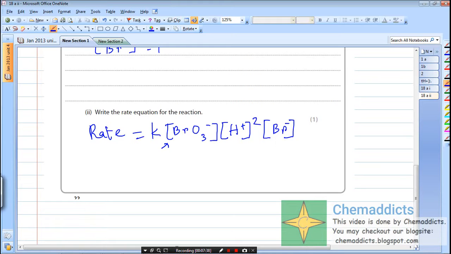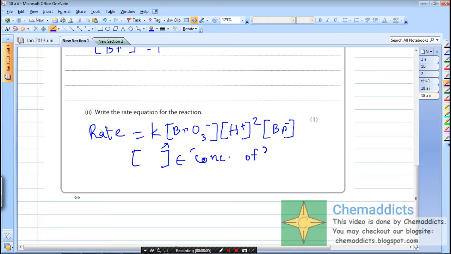So we should always state this in square brackets. This bracket simply means the concentration of. It has a particular meaning in chemistry, so we should not ignore this.